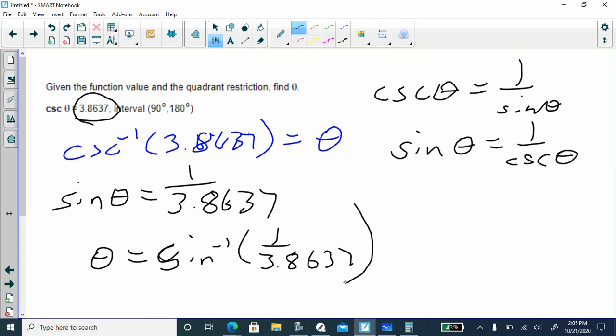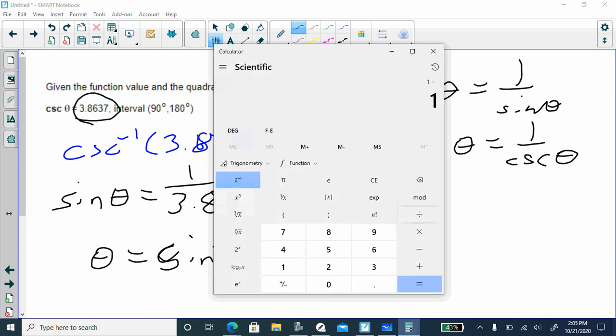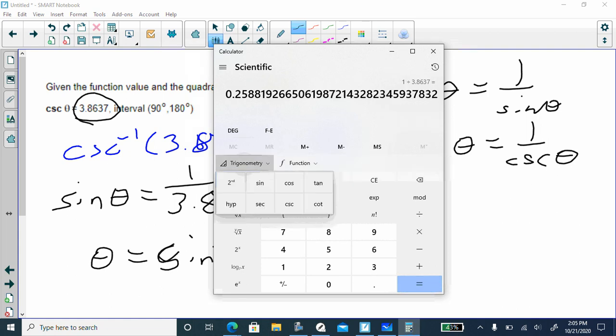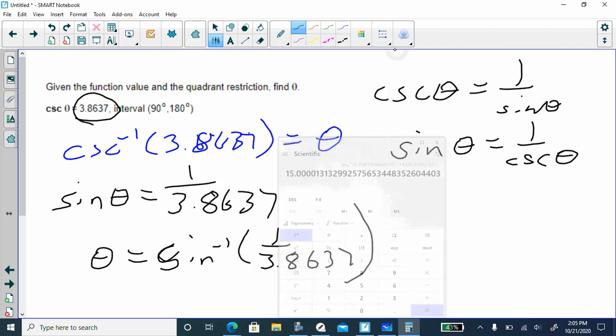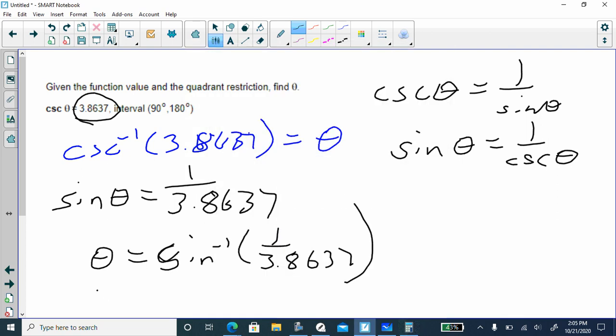So if we do inverse sine of that ratio, 1 over 3.8637, that's our ratio, and then we're going to do inverse sine, and that gives us an angle of 15 degrees.